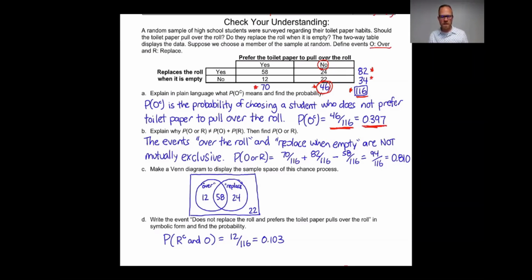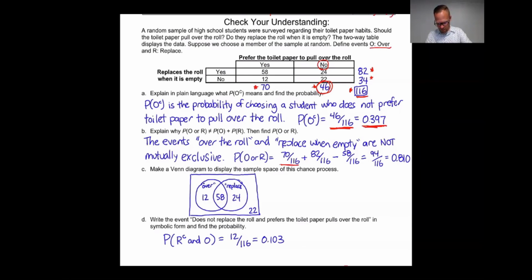Now, part B, they were trying to find the probability of O or R by just simply adding those two probabilities together. And we know from the activity that will not work if the two events are not mutually exclusive. In this case, they're not mutually exclusive because a student could be in both of those events at the same time. Now that of course means we need to use the general addition rule.